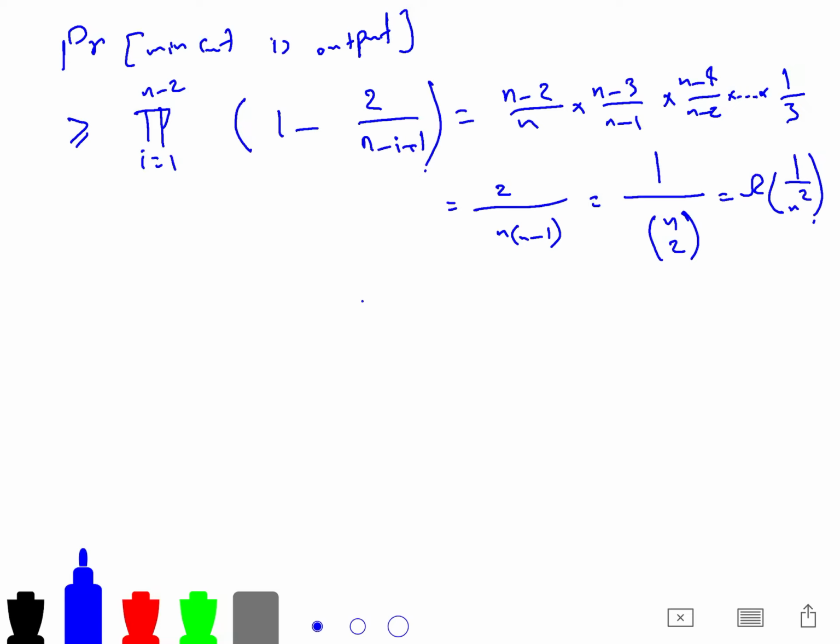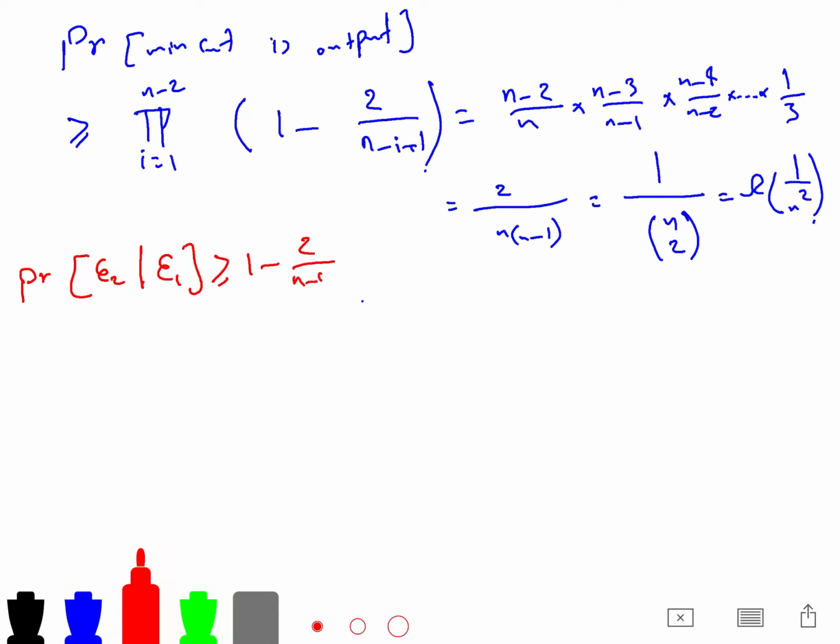Because you have the capability of doing computation, after some time you will have the min cut, because you're measuring all the min cuts. And we use just the fact that the probability of E2 conditioned on E1 is greater than 1 minus 2 over n minus 1.